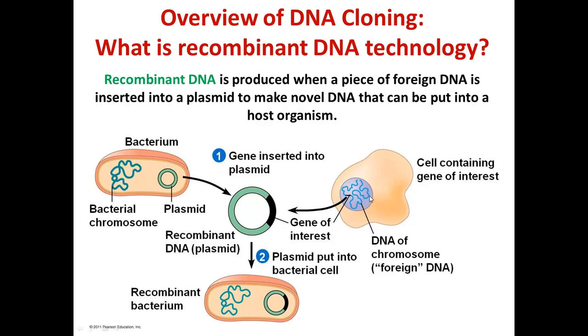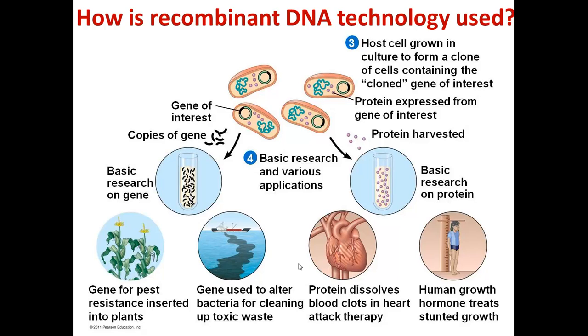This might be a gene from a human cell that we're interested in studying, or it might encode a protein that we're interested in making so that we can study it. So here you can see now we have this recombinant DNA plasmid that we can put into a bacteria, producing a recombinant bacteria. So what do we do with this recombinant bacterium?